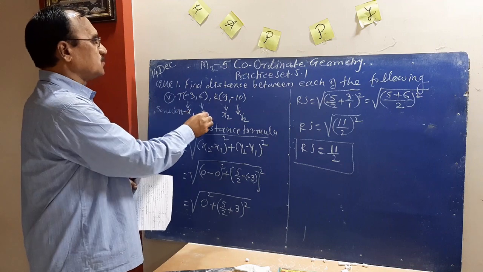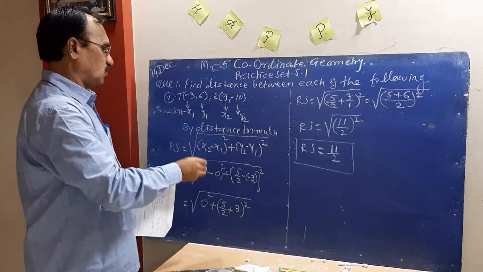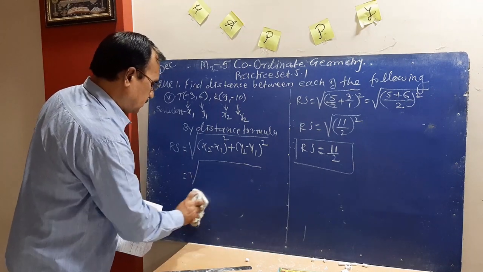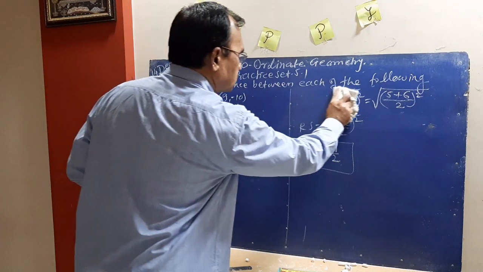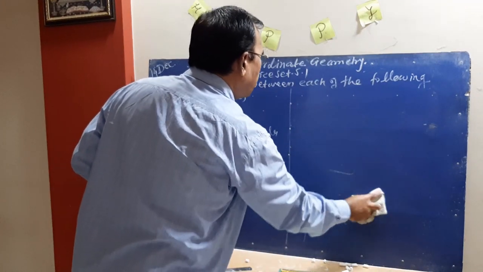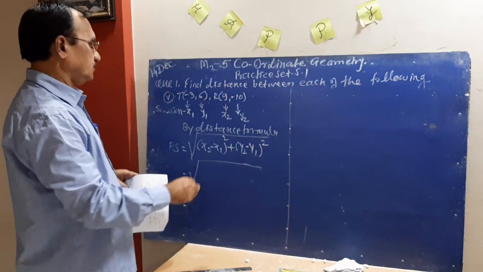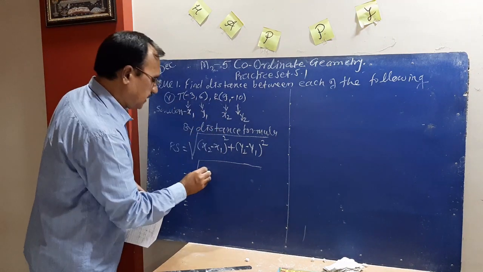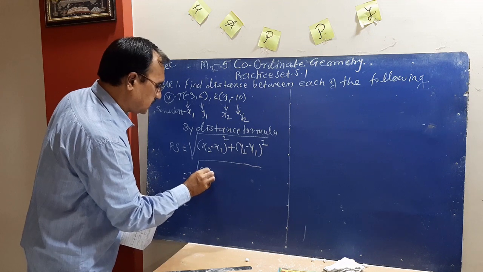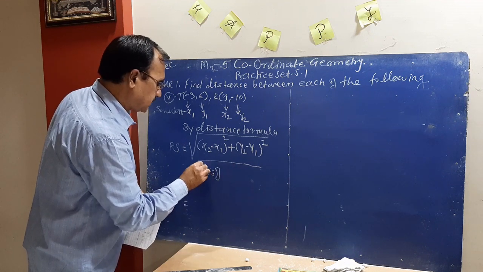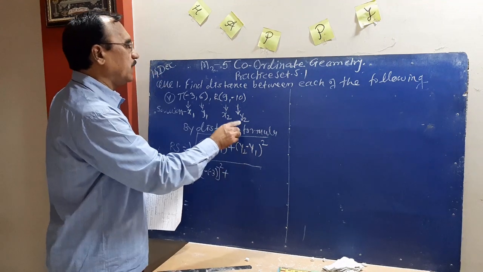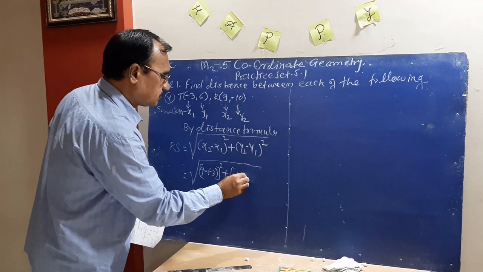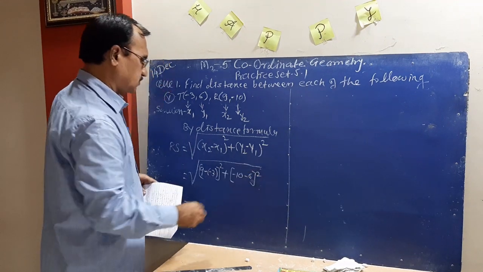Again, this is x1, this is y1, this is x2, and this is y2. Again, same distance formula. x2 minus x1: 9, then x1 is minus 3, 9 minus (minus 3), whole square, plus y2, y2 is minus 10, y1 is 6, minus 6, whole square.